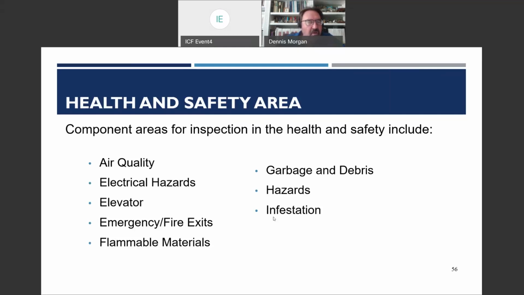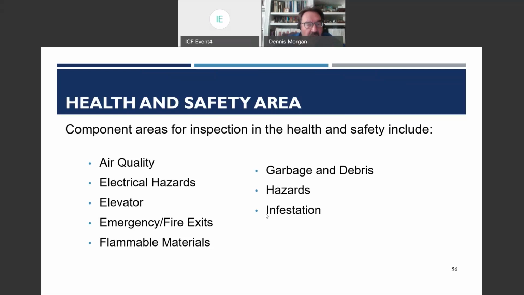And it's not just roaches that could be classified for infestation. Could be flies, could be bed bugs, could be other forms of infestation. It might not even be that I saw a rat or a mouse while I'm in that unit, but I just saw droppings from a rat or a mouse. That's also considered infestation.